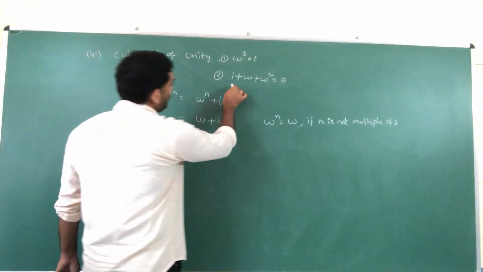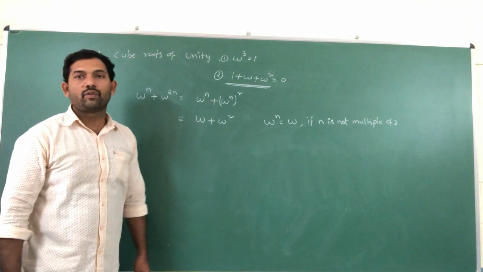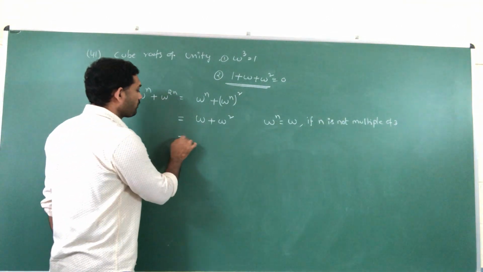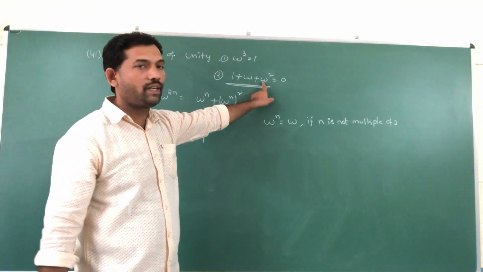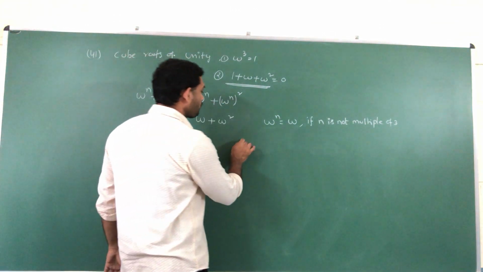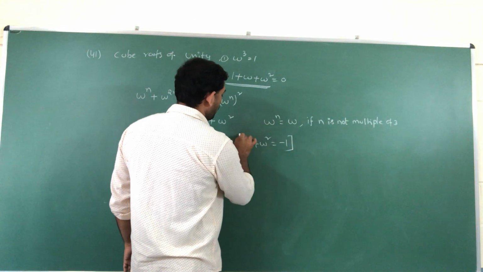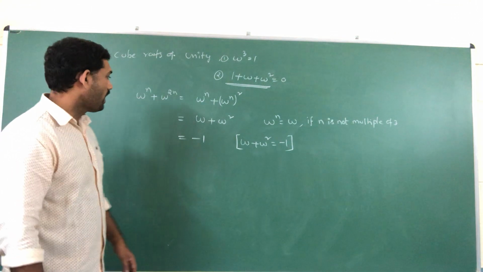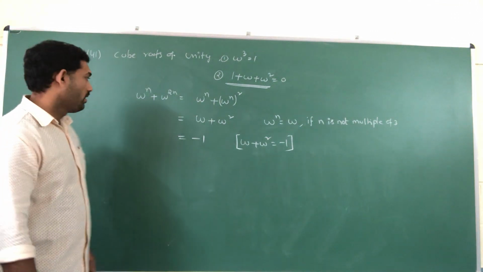From the condition, omega plus omega square is equal to minus 1. So the answer is minus 1. Note down fast.